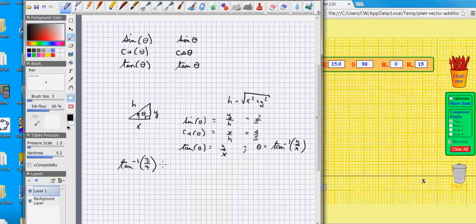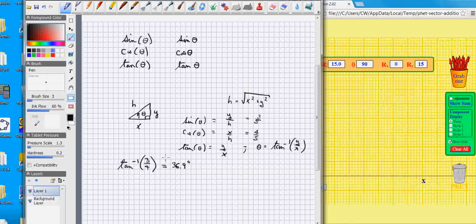That will tell you what this angle is. That's one of the tools that we're going to be using here. So I'm going to do that on my calculator, and you should do it on yours. Tan minus 1 of 3 divided by 4 is 36.9 degrees. So I'll write that down.